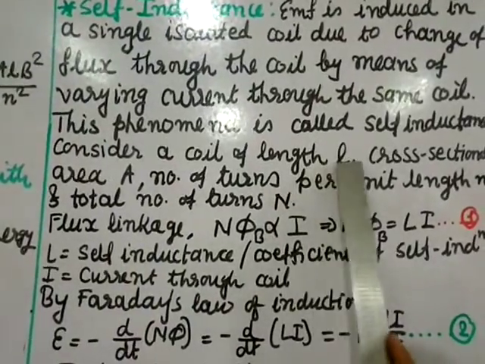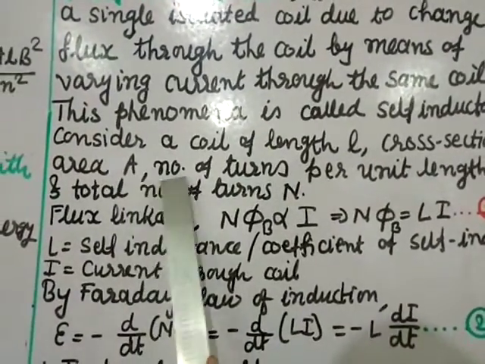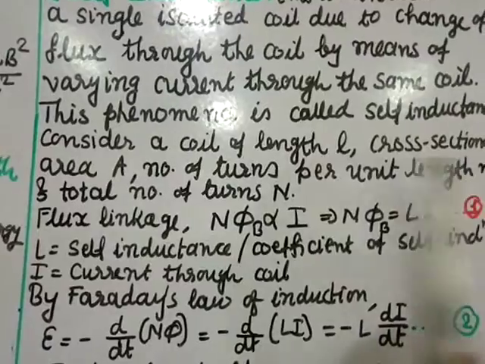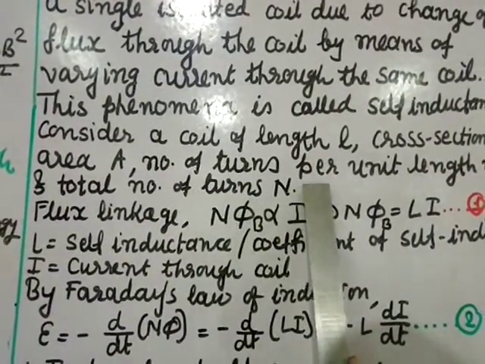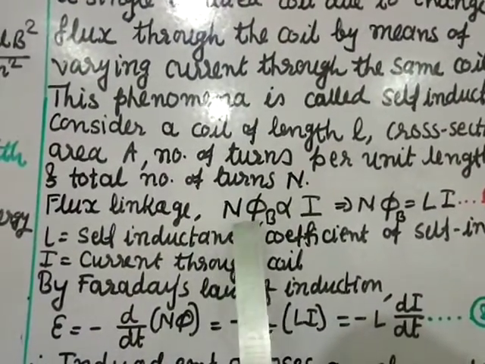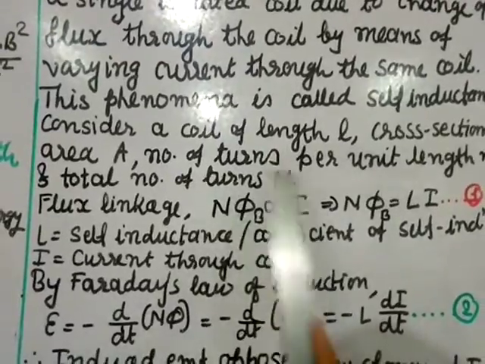Consider a coil of length l, cross-sectional area capital A, number of turns per unit length small n, and total number of turns capital N. Flux linkage N phi B is proportional to I. This we have done last time.